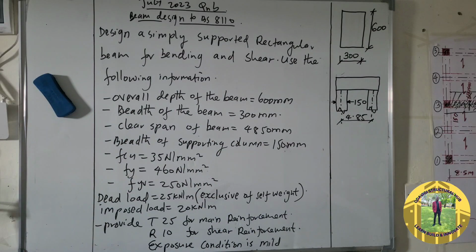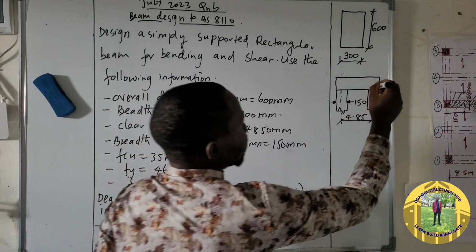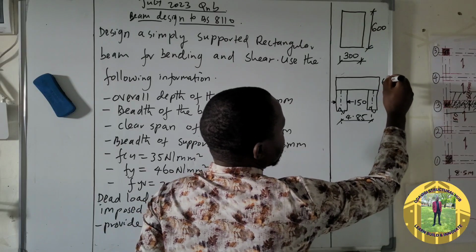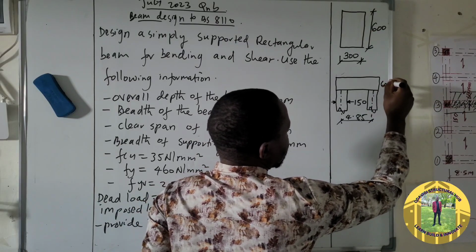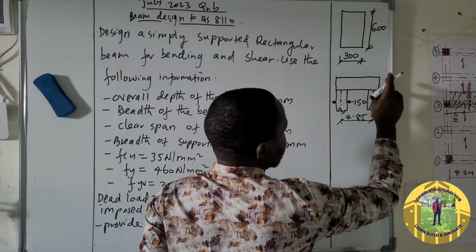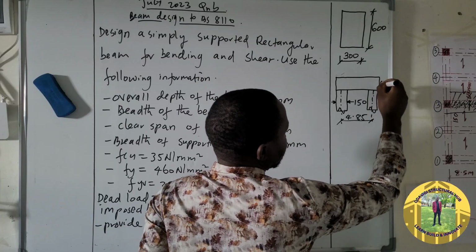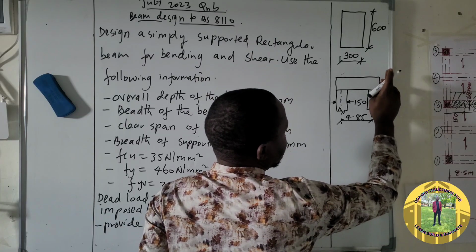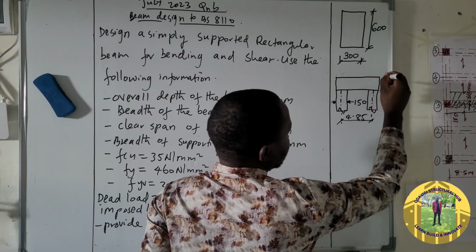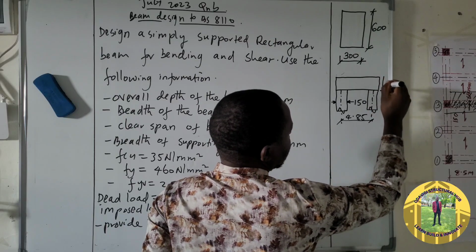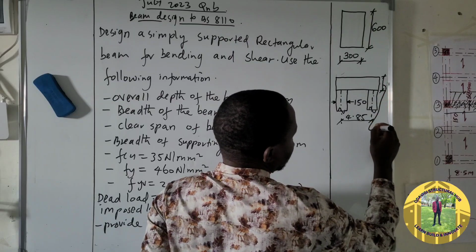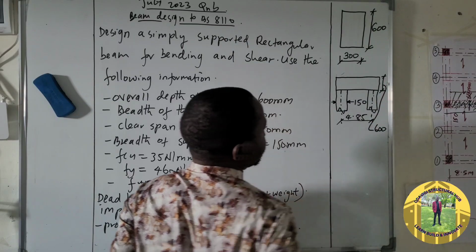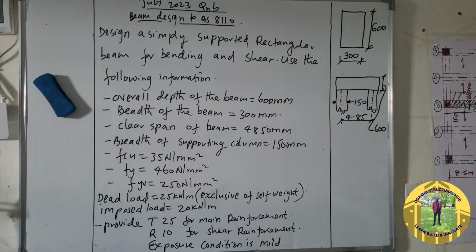And remember again, our H is 600. So that is our H.